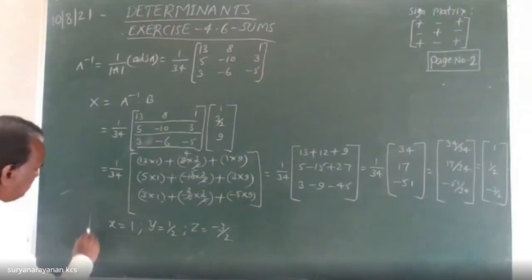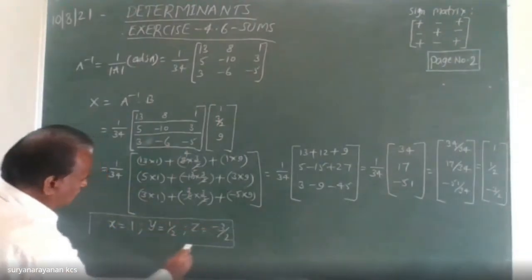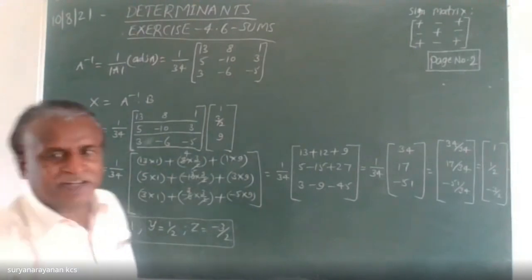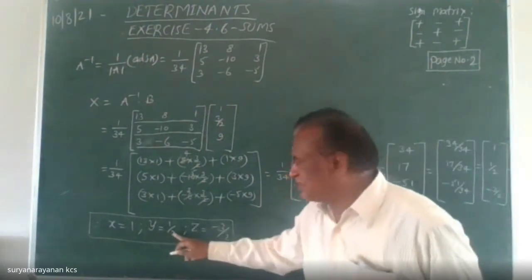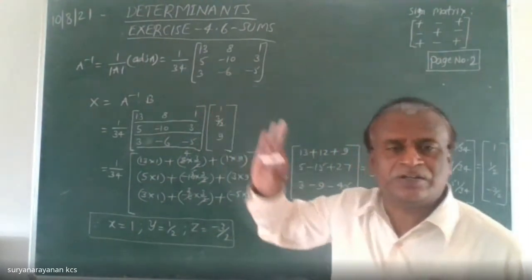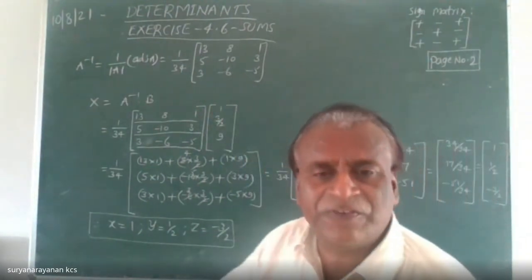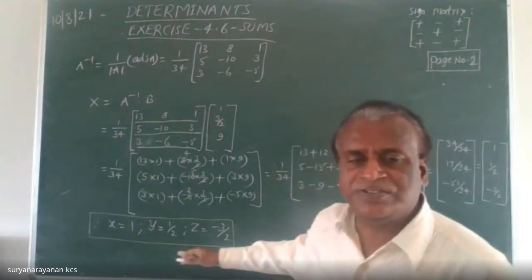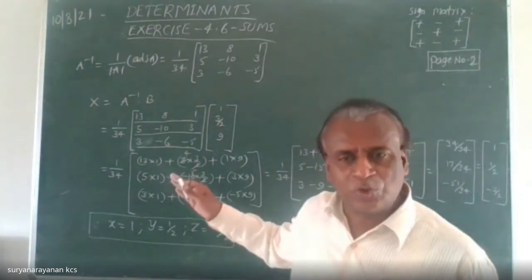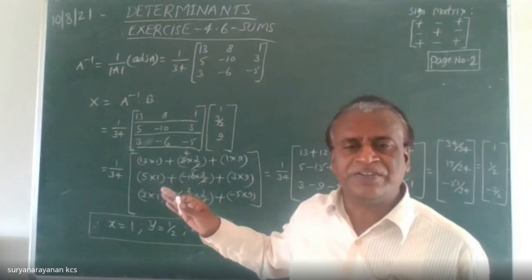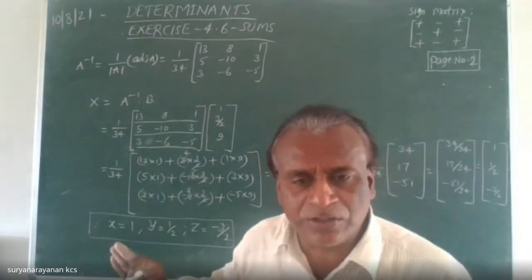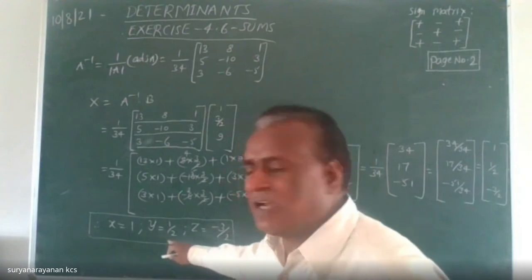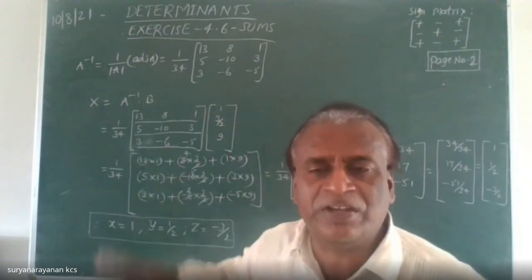After finding these three values, just for your confirmation, substitute these three values in any one of the three equations, to check whether these three are the solutions of the given equation or not. Actually, they will not ask you to substitute x, y and z values in the given equations.